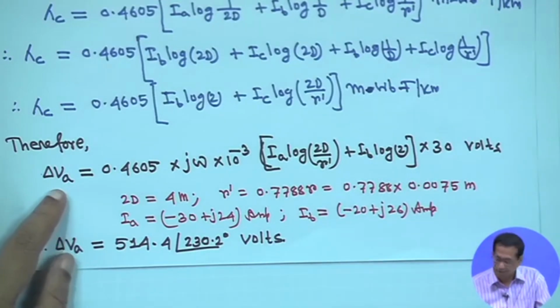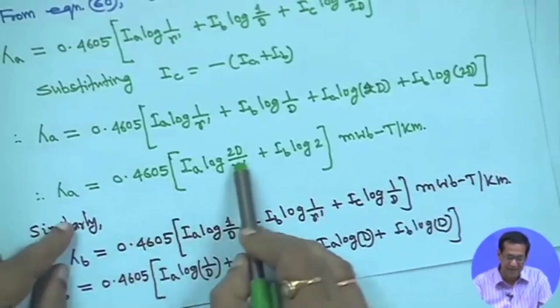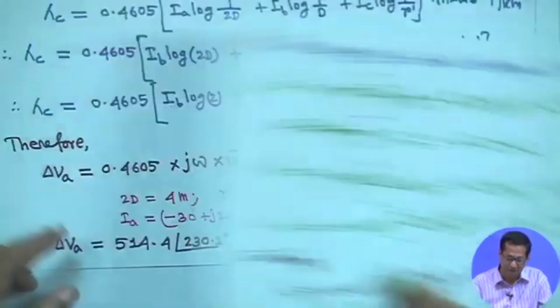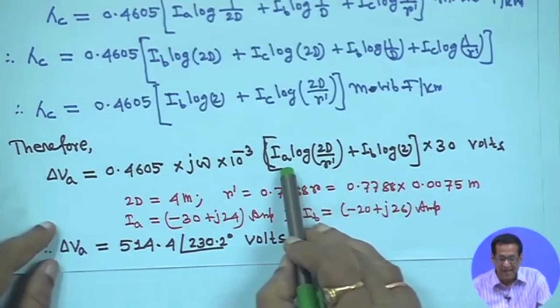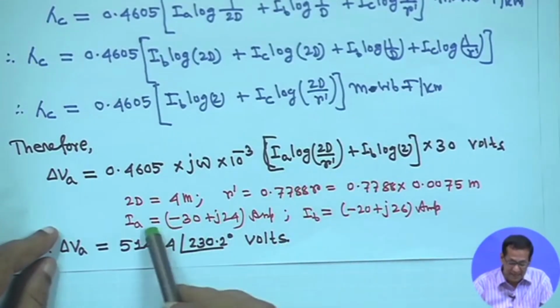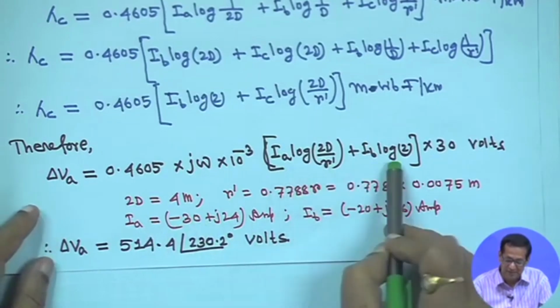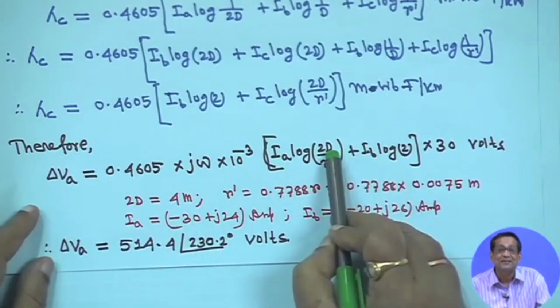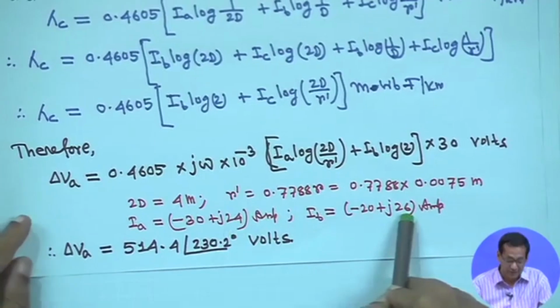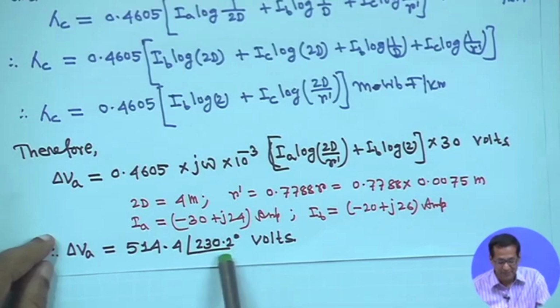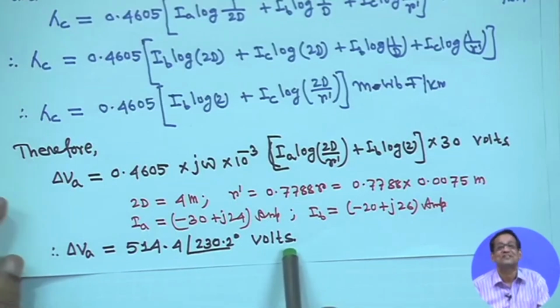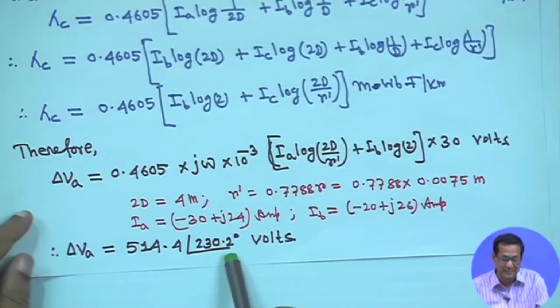Here you substitute the currents IA and IB, IA is equal to this much, IB is equal to this much, you substitute d is equal to 2 meter, and calculate. So you will get delta VA is equal to 514.4 angle 230.2 degree volts, that means in phase A this is the induced voltage, right.